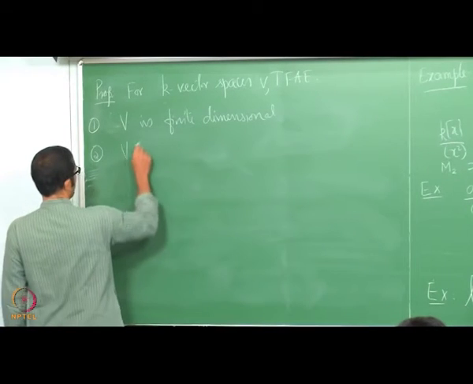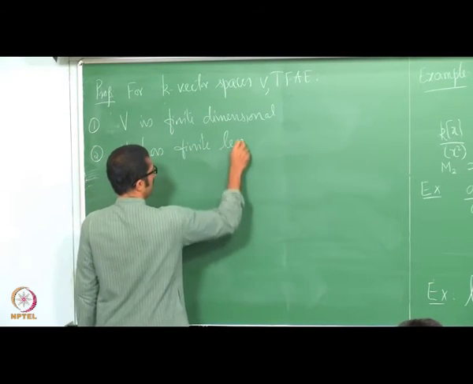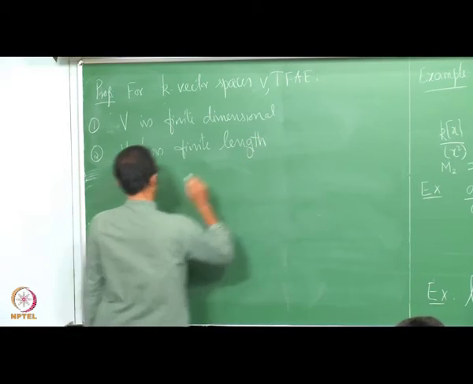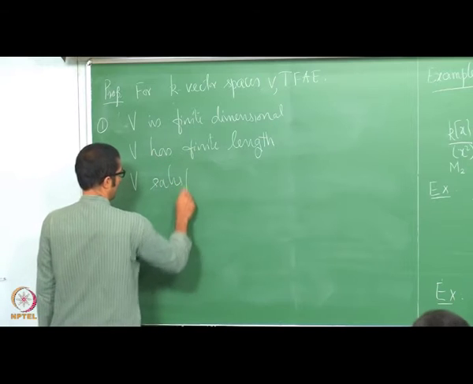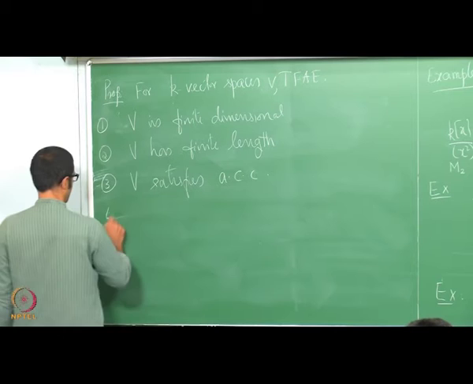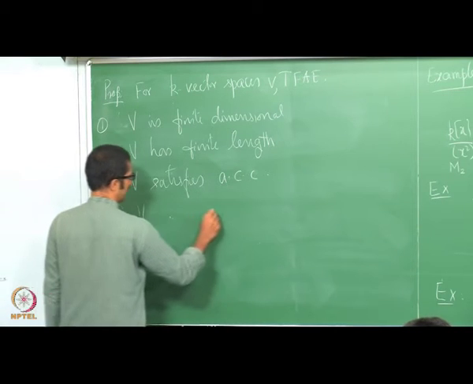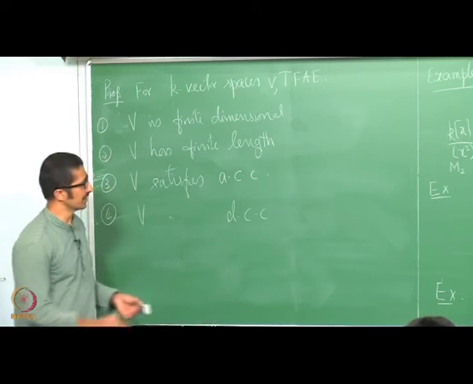V has finite length. V satisfies ascending chain condition and V satisfies descending chain condition. All these are equivalent.